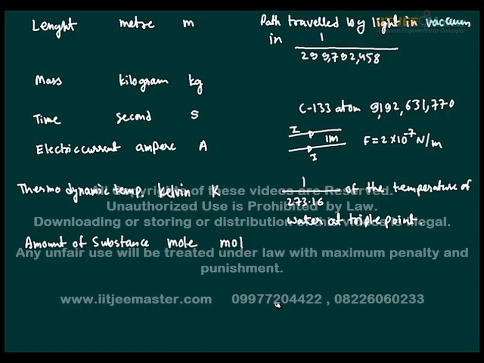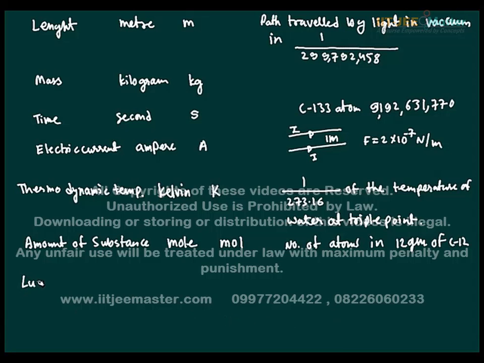It is the number of elementary entities present in 12 gram of carbon-12, I will say the number of atoms in 12 gram of C12. This is nearly 6.02 into 10 to the power 23.